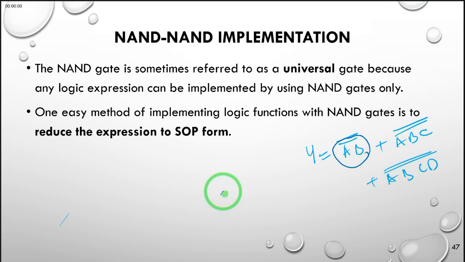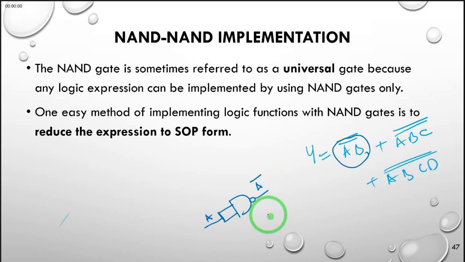Again, you can implement an inverter using a NAND gate. This is a NAND gate with two inputs. If you short these two inputs and call this input A, you will get A bar here. No matter what, this is what the truth table of a NAND gate says.